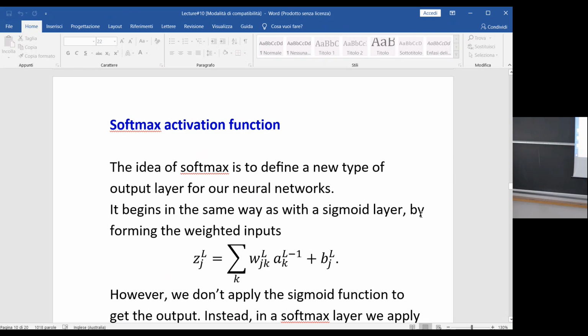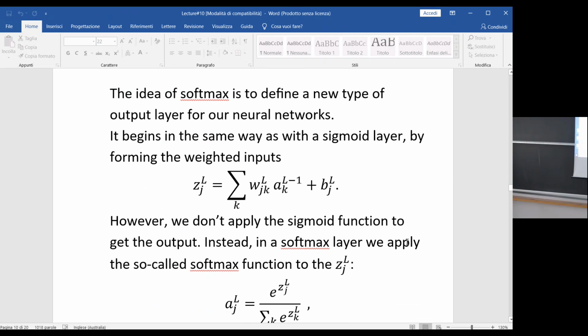Then a very, very interesting thing is to substitute the last layer, the output layer, with the softmax activation function instead of the traditional sigmoidal activation function. It is only for the output layer. The idea of softmax is to define a new type of output layer for our neural networks.